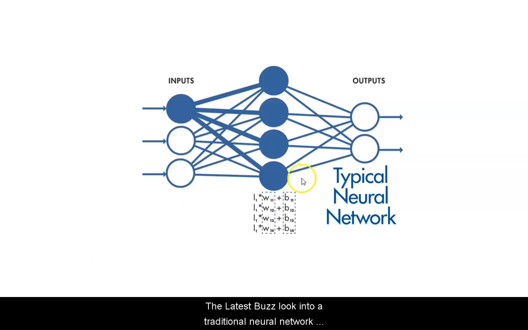So let us first look into a traditional neural network, and how the weight and bias work. As you can see, my first input node is connected to all 4 nodes in my hidden layer. If I1 is my input node, then I1 into W11 plus the bias B11.